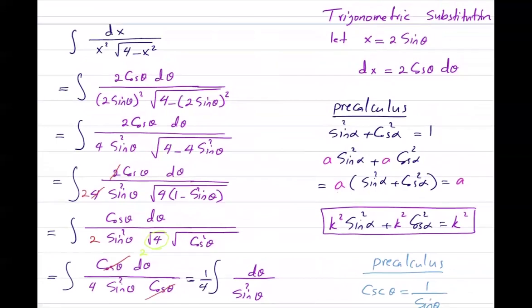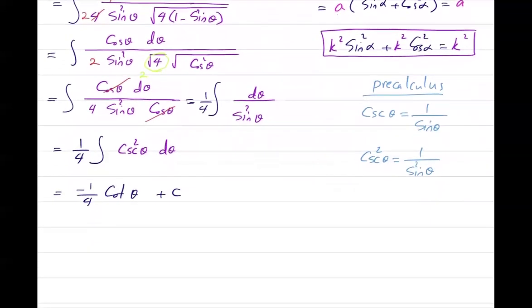So I'm going to copy down our substitution that we used here, go down here and make some adjustments. Since x is equal to 2 sine theta, what's the meaning of that? It means that sine theta is x divided by 2.